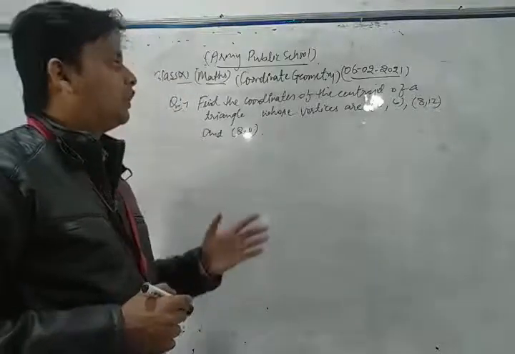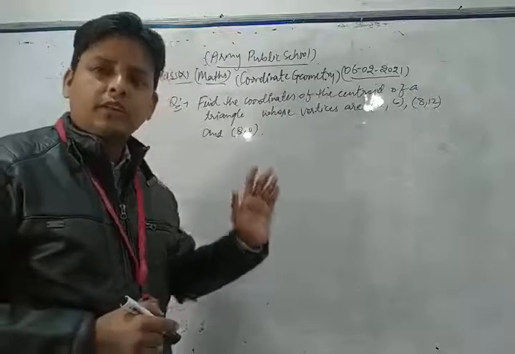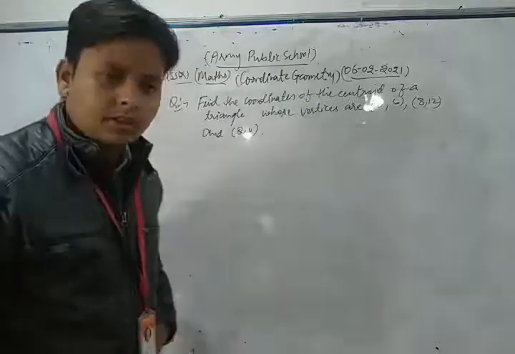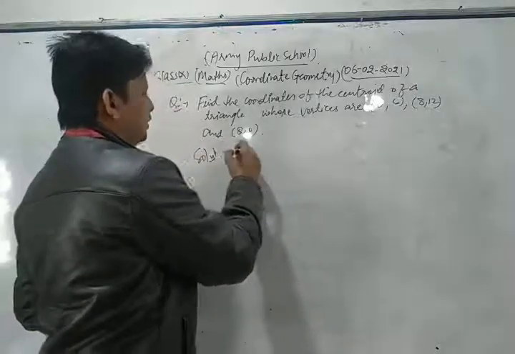Here we find the coordinates of the centroid of a triangle whose vertices are given. So here, dear students, all three vertices of the triangle are given. Let's see the solution.